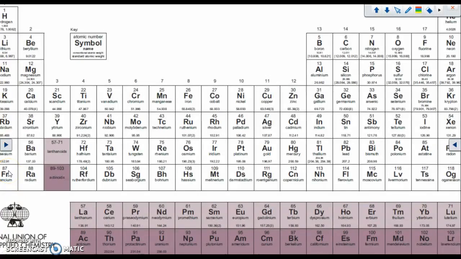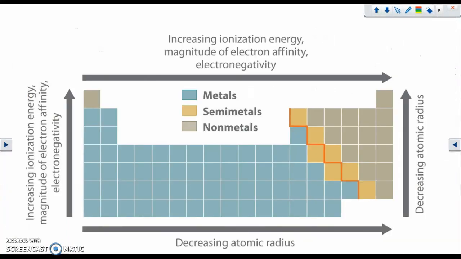Francium will have a bigger atomic radius, and that should be intuitive because the neutral francium has 87 electrons. So obviously 87 electrons is way more than 3 electrons. Okay? So that is the trend for atomic radius.